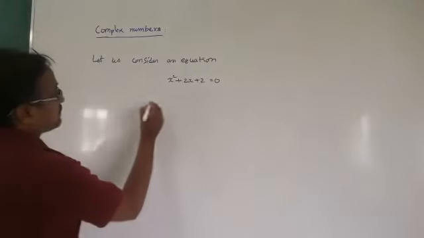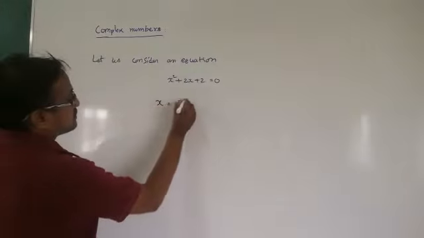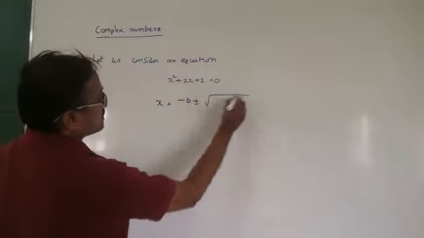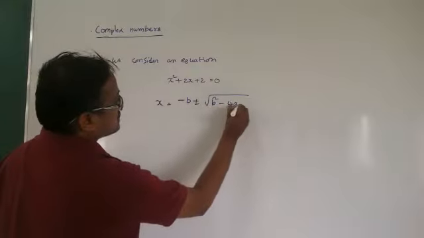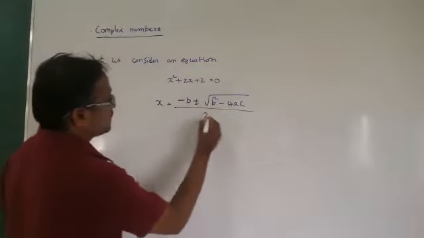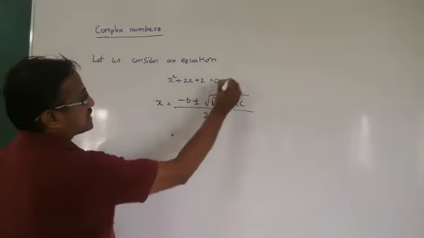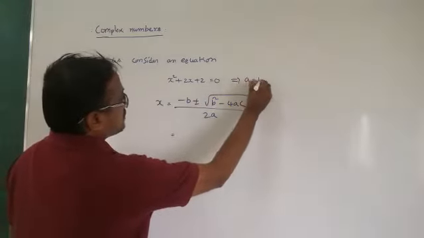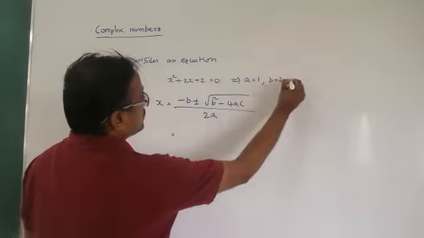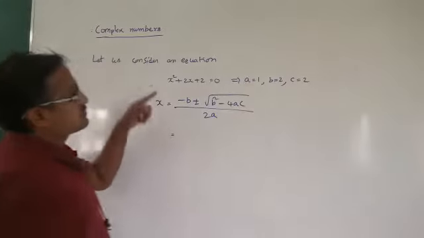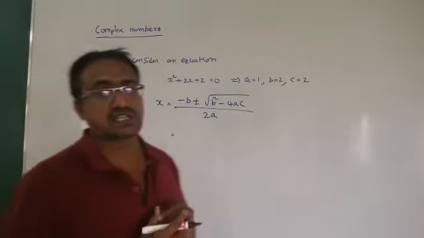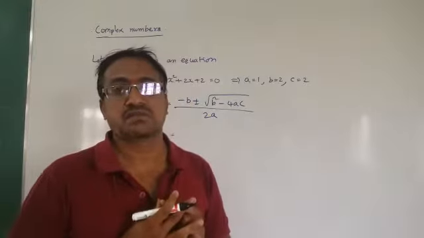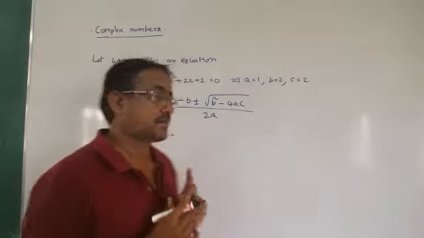Now you have the formula x is equal to minus b plus or minus root of b square minus 4ac by 2a. So here a is equal to 1, b is equal to 2 and c is equal to 2, since it is of the form ax square plus bx plus c.